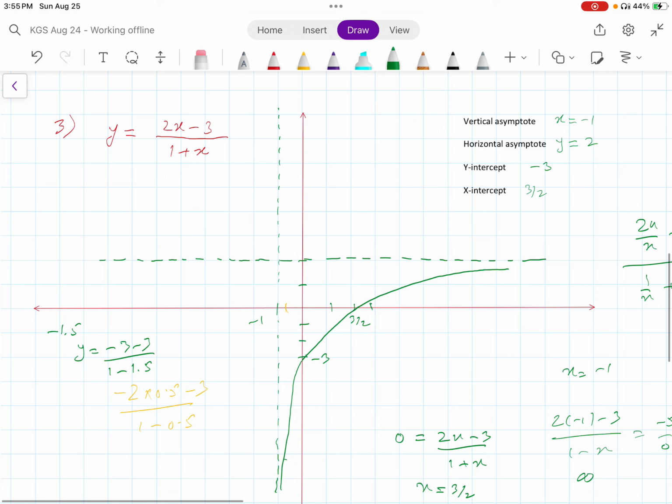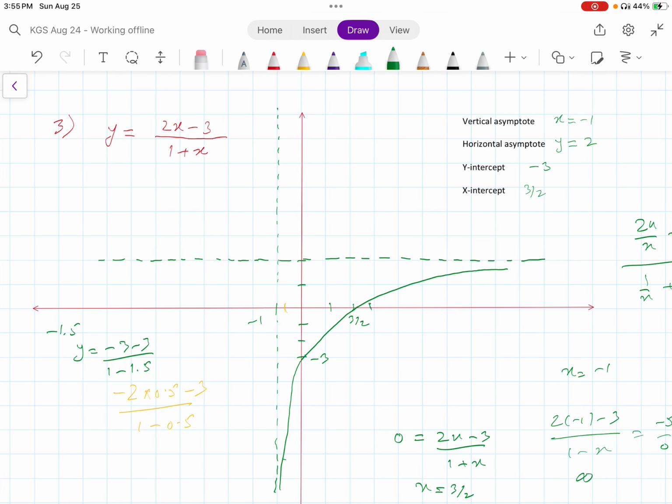The horizontal and vertical asymptotes remain the same, and as x reaches infinity, y values are near 2. So that's the horizontal asymptote, and as x reaches minus 1 from the left side, y values will reach infinity. So that's the other part of the graph. This is the graph of y equals 2x minus 3 over 1 plus x.